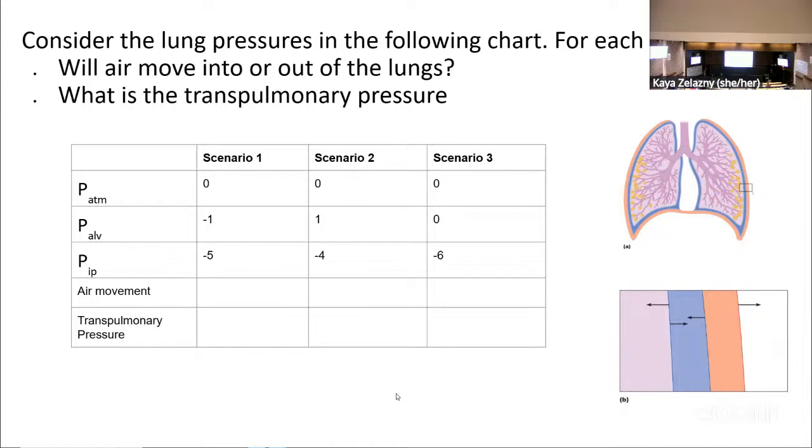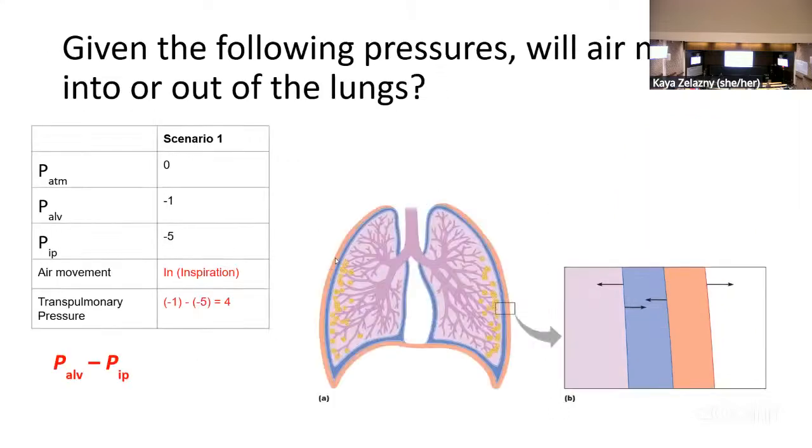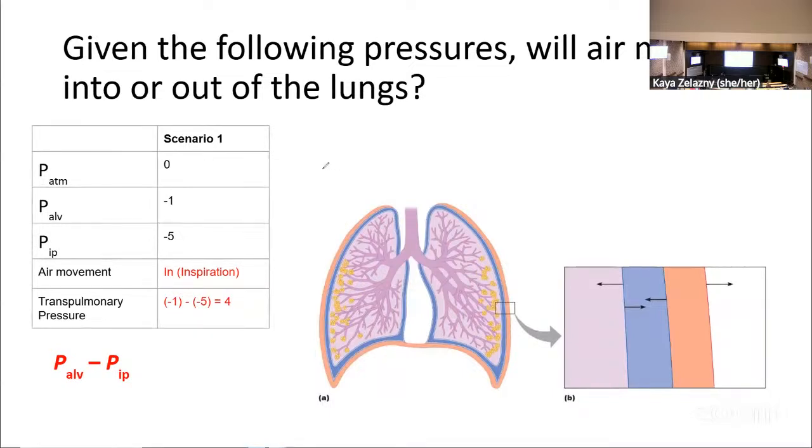Okay, let's start to take a look. We'll start with the first scenario. What we're doing first, always first, is comparing atmospheric pressure and alveolar pressure. These are our first 2 numbers that we pay attention to.